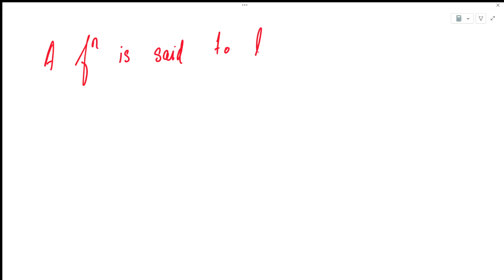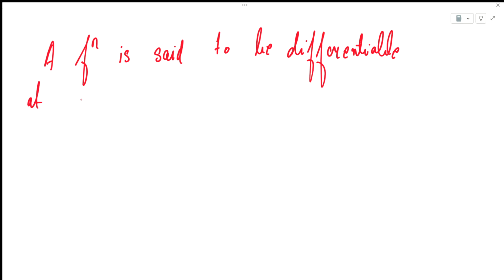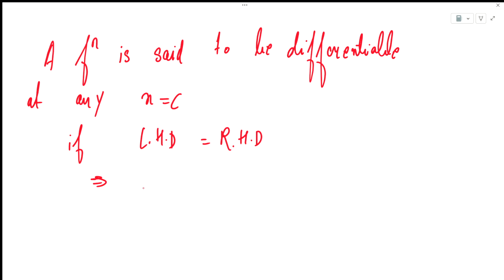Firstly we need to know a function is said to be differentiable at any x equal to c if left hand derivative is equal to right hand derivative.